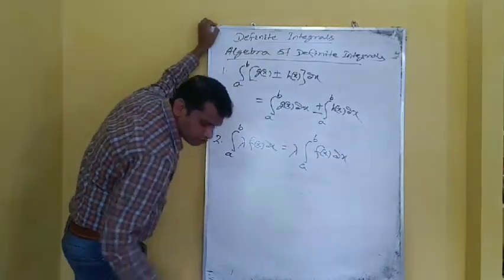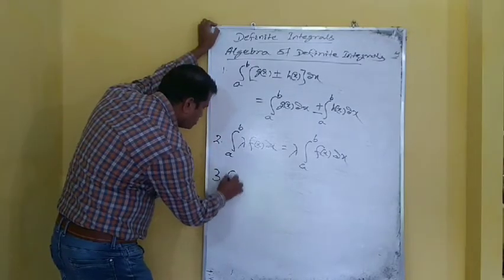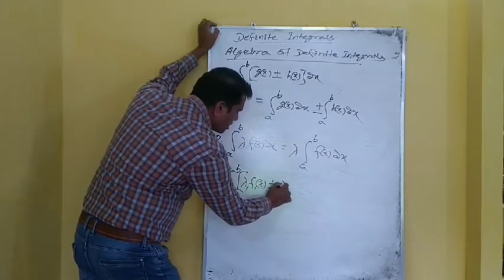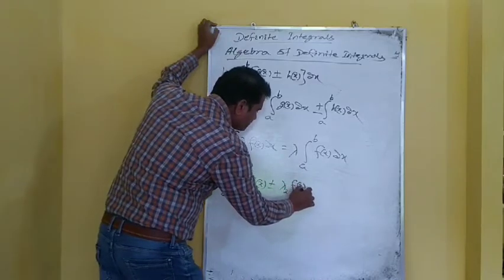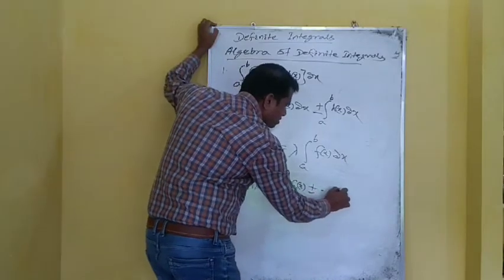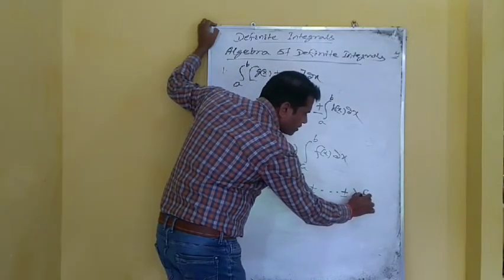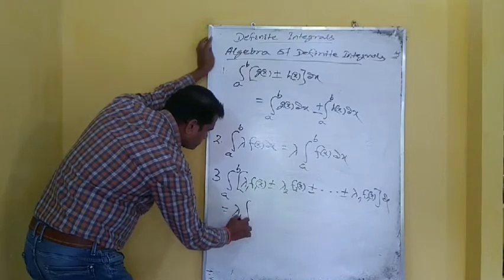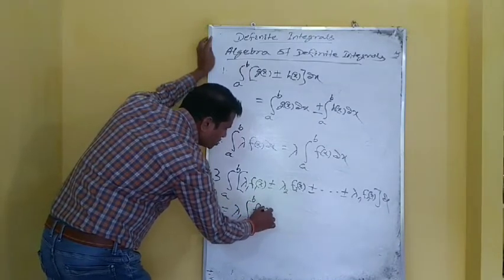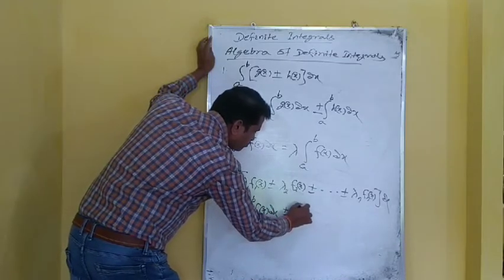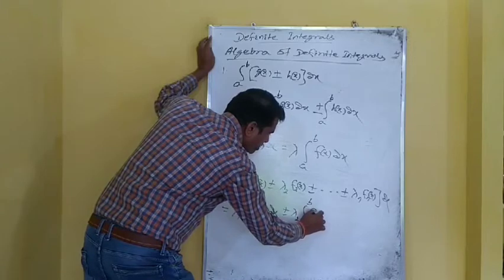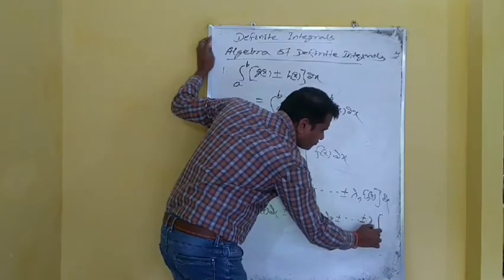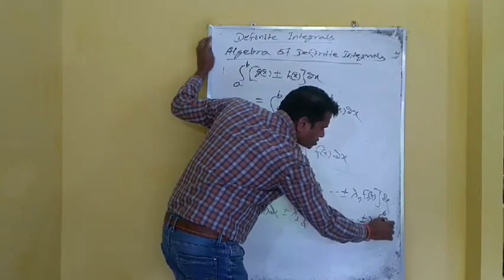Now combining these two rules, the integral from a to b of lambda 1 f1 of x plus or minus lambda 2 f2 of x plus or minus and so on up to lambda n fn of x, whole dx, is equal to lambda 1 times the integral from a to b of f1 of x dx, plus or minus lambda 2 times the integral from a to b of f2 of x dx, plus or minus lambda n times the integral from a to b of fn of x dx.